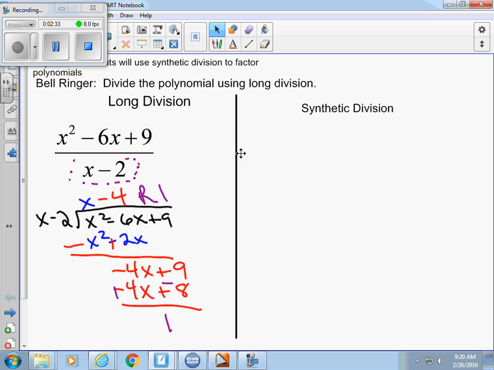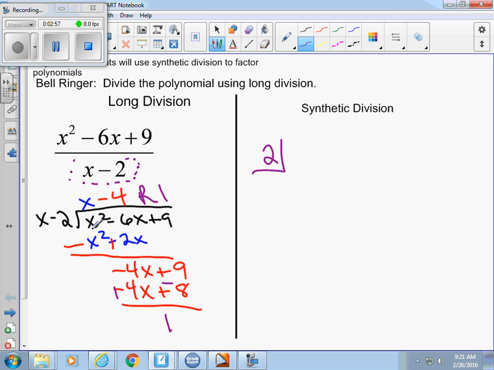So what we're going to do, the creator of synthetic division said, I always forget to change my signs, right? So the first thing they did is they changed the sign of the divisor, the x minus 2. They changed it to a positive 2. They put it in a little box.